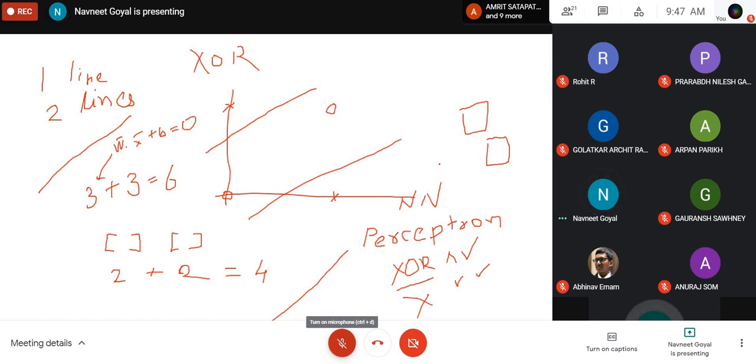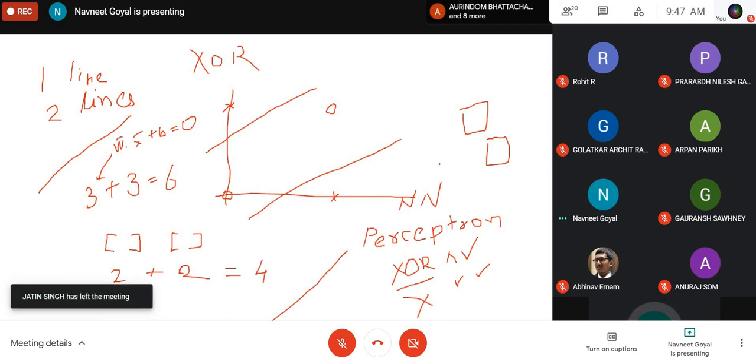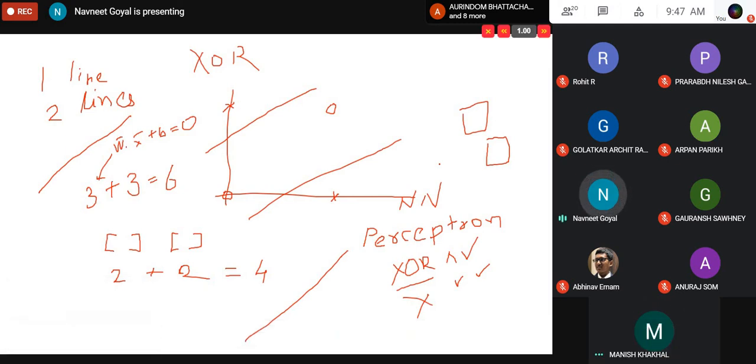Excuse me, sir. I have a doubt: why is the straight line supposed to have 3 parameters? We can have just one slope and intercept. There should be just 2. See, this is actually w dot x plus b. So we write it as w1 x1 plus w2 x2 plus b.